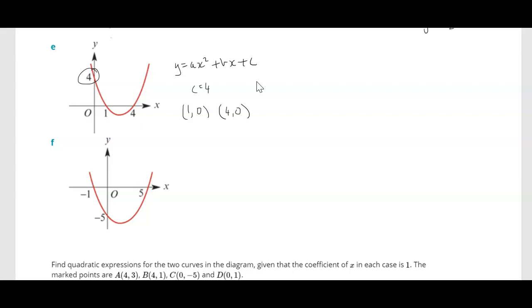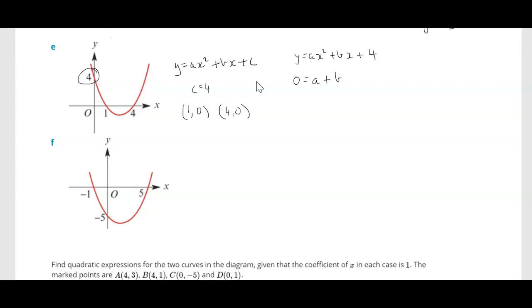All right, so we just substitute in. Actually, my equation is y equals ax squared plus bx plus 4. And then I just substitute in (1, 0) and (4, 0). So I'm going to have 0 equals a times 1 squared, which is just 1, and b times 1 is just b.